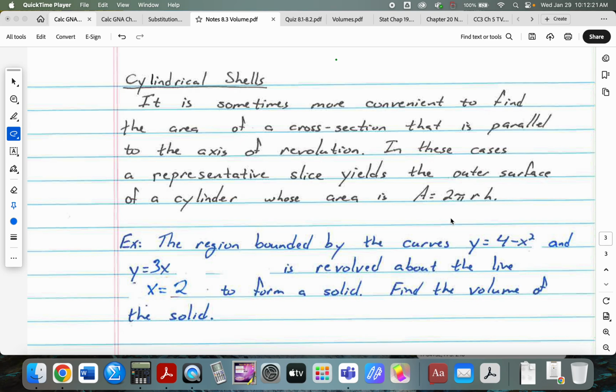Today we're going to continue talking about volumes, specifically cylindrical shells. In theory at least, there are no problems on the AP exams where you would be required to use cylindrical shells. That said, every now and then there's one where you can do that with an annulus or something, but sometimes it's easier to do cylindrical shells.